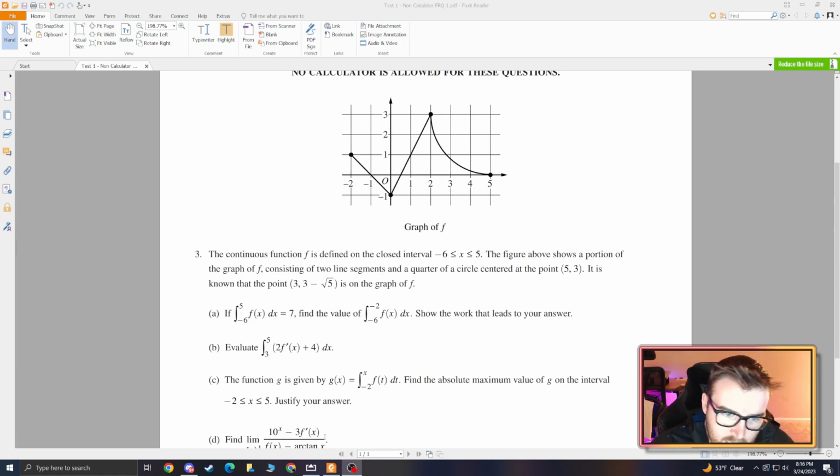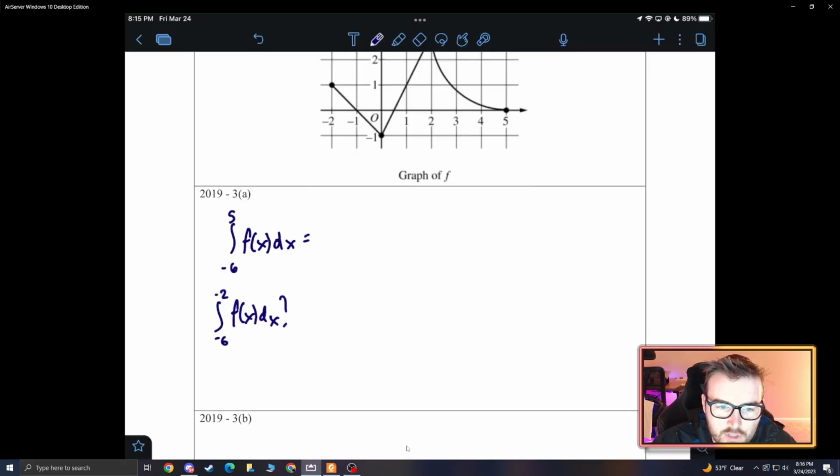So I'm going to write this down and then I'll switch the screen. They told us that the integral from -6 to 5 of f(x) dx is 7, right? But we can split that integral up. We're trying to find -6 to -2.